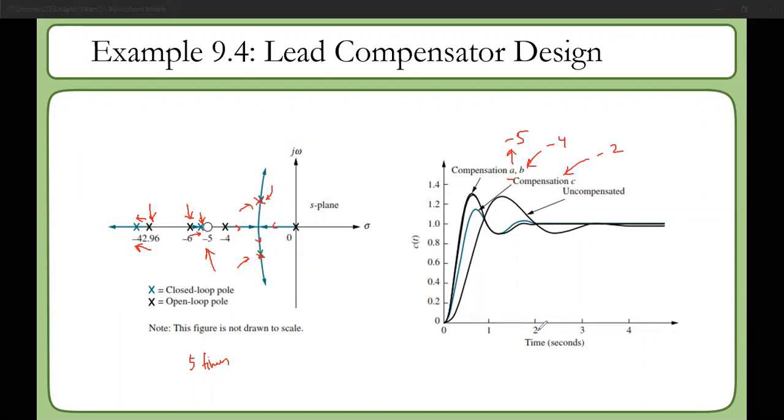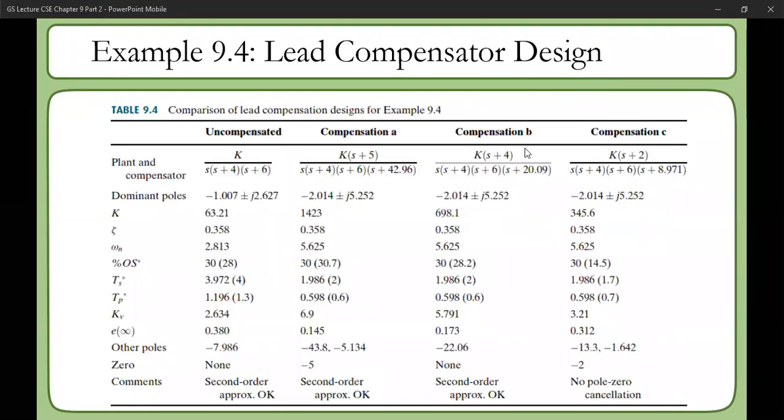And this one represents our uncompensated system. Let us compare the table and see what values change based on your choice of zero location and correspondingly the pole that you calculate.